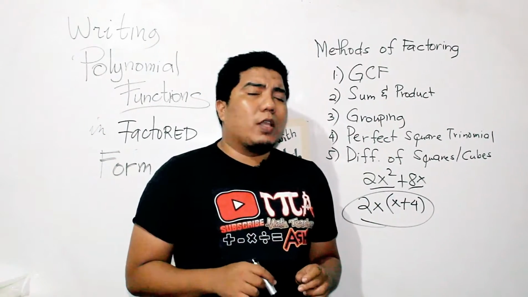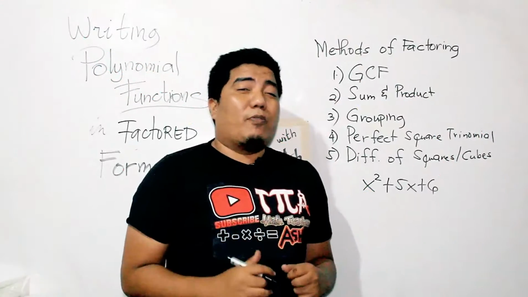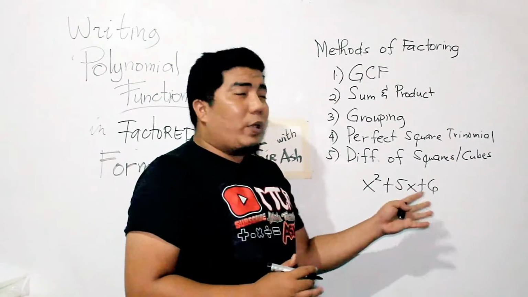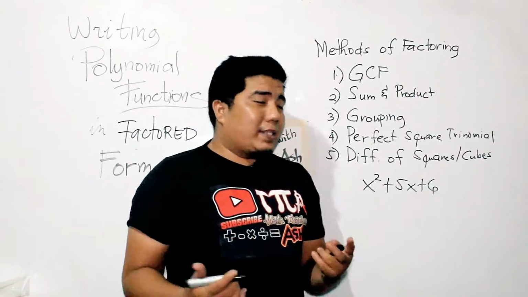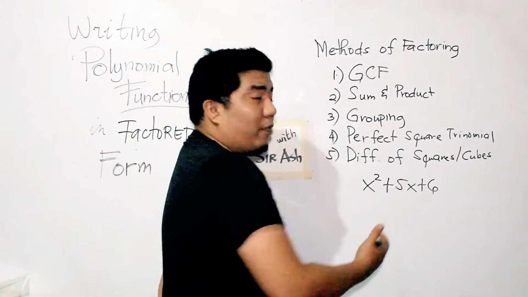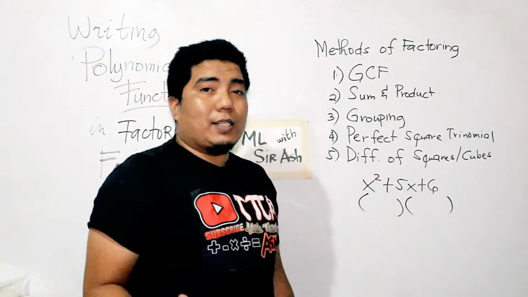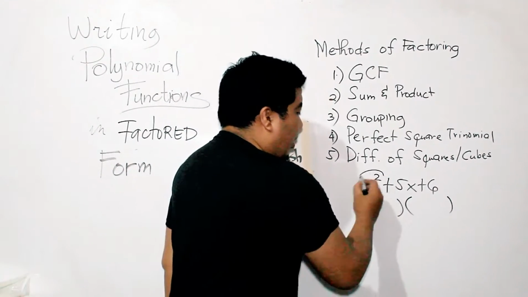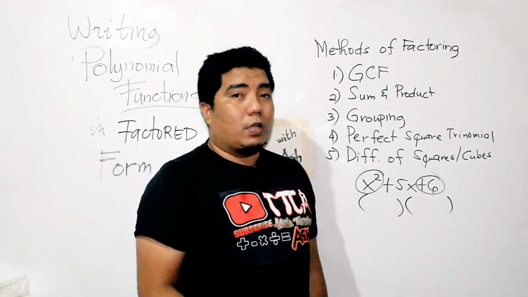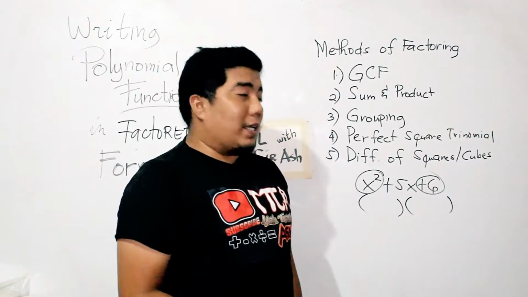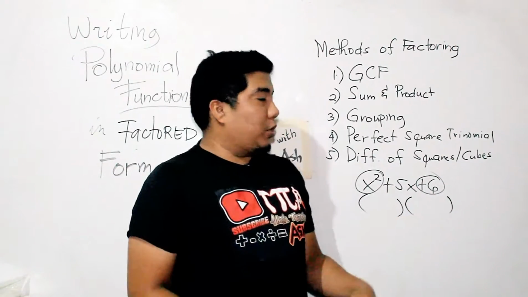Now, how about sum and product pattern? For the sum and product pattern, we have here a trinomial. Basically, what you need to do is, if you have a trinomial, you will make 2 quantities and then you will factor the first and the last terms.